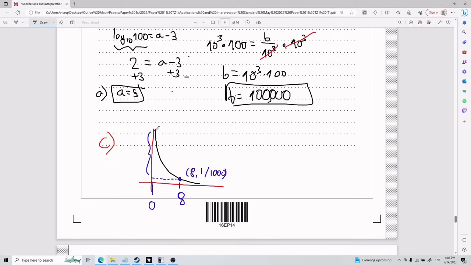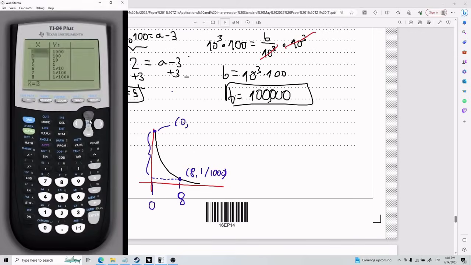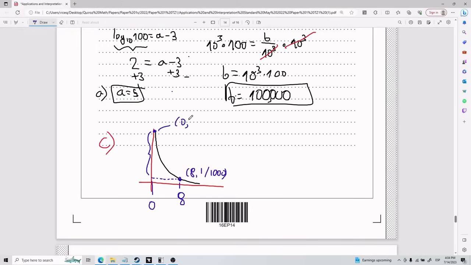And when x is 0, we have that y is probably a very big number. 1, 2, 3, 4, 5 zeros. It's that number, 100,000. So that would be my range.